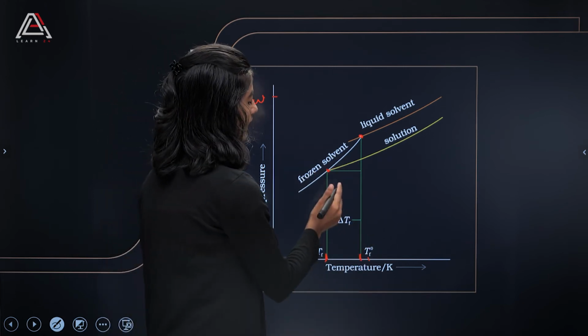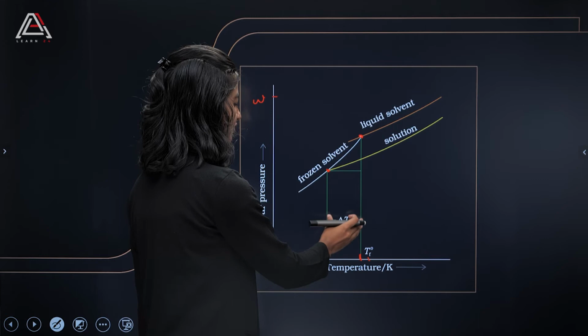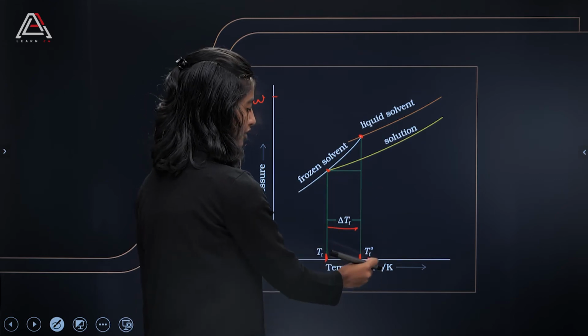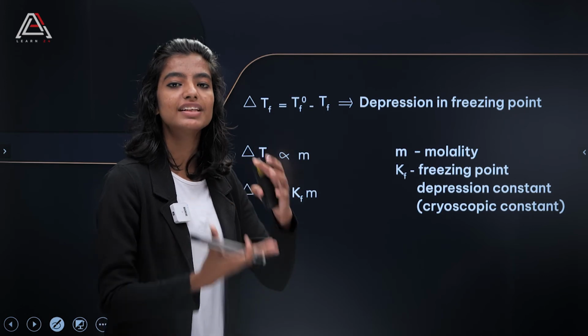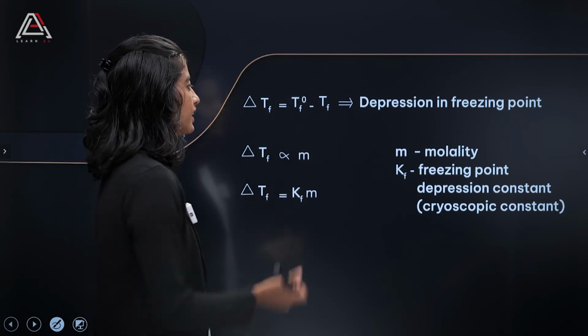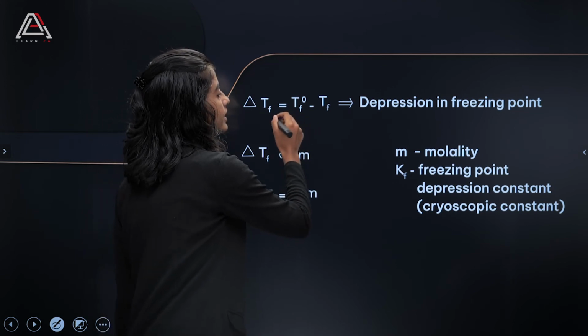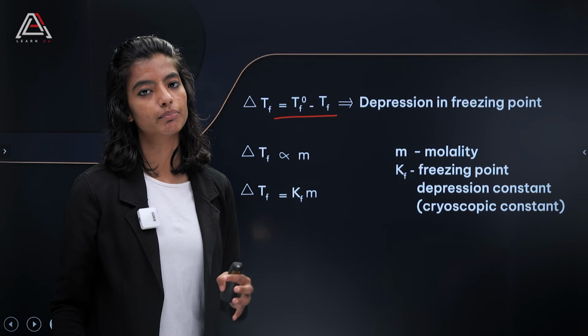Now, delta TF is the difference between TF and TF0. In order to get how much the freezing point has lowered, the depression in freezing point, delta TF is equal to TF0 minus TF.